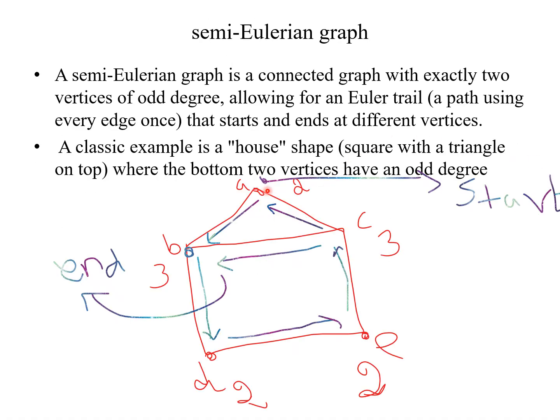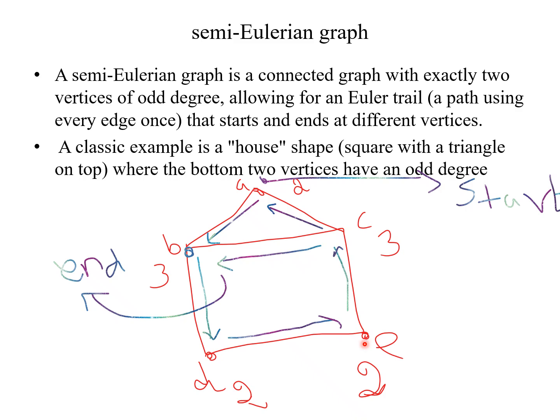So consider this example, the house plan, one triangle on top of the square. We start from vertex A, which has degree 2, vertex B has degree 3, vertex C has degree 3, and the remaining vertices D and E have degree 2.